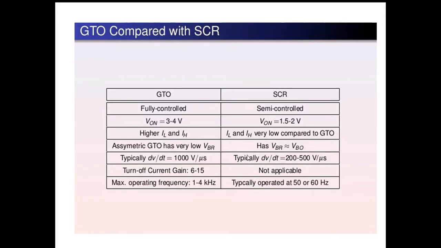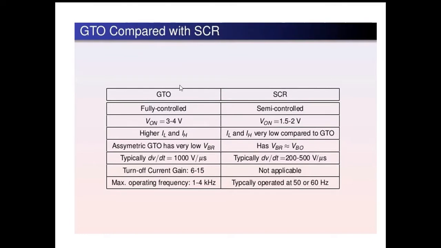And here is a small comparison between GTO and SCR. GTO has the advantage that it can be controlled in both half cycles. If you are operating with AC, that is the positive half cycle and the negative half cycle, we can have control in both half cycles in GTO, and we can turn on and turn off according to our requirement by providing positive and negative gate signals.